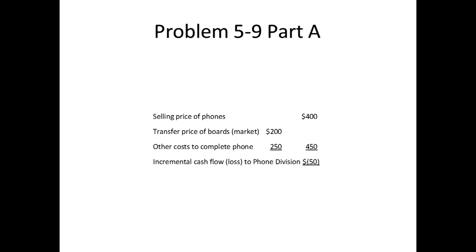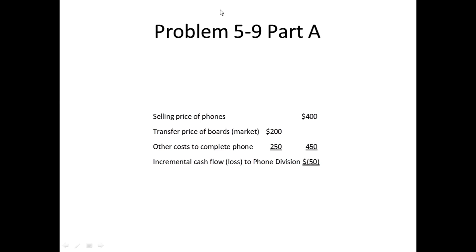So at the sale price of the phones of $400, as long as the phone division is evaluated as a profit center, and microelectronics does not intervene somehow, the phone division will not purchase the circuit boards from the circuit board division, because the phone division will lose money on every phone that it makes.